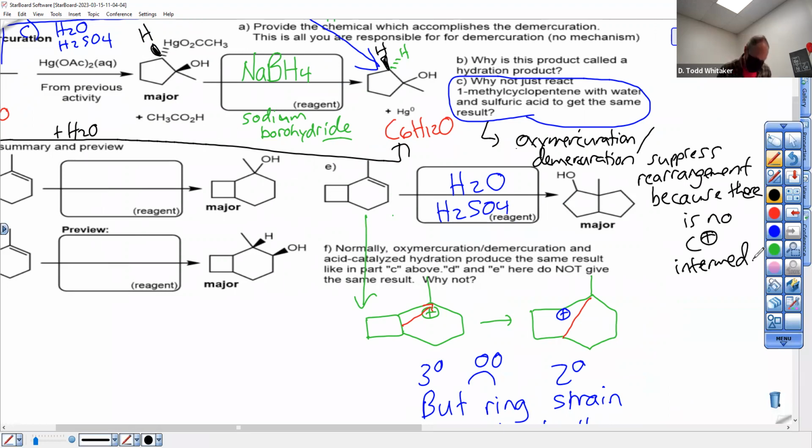Okay. Suppresses rearrangement because there is no C+ intermediate. Remember, we did rearrangements with carbocation. That's the only rearrangements you've seen so far. This mechanism does not have a carbocation.